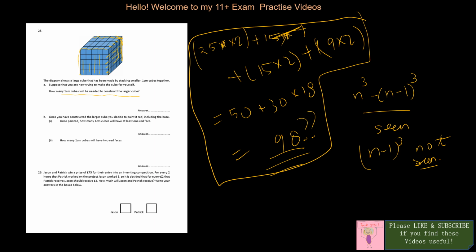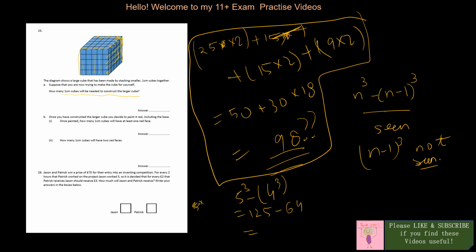So if you have n, which is the side, this is a 5 times 5 cube, so it would be 5 cube minus 4 cube. That is 5 times 5 is 25 times 5 is 125 minus 4 times 4 is 16 times 4 is 64.